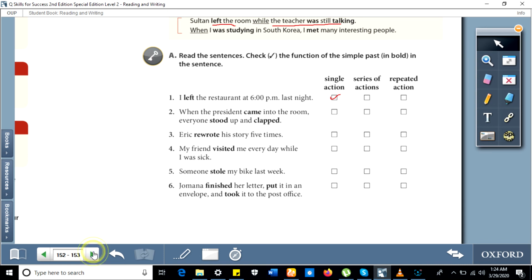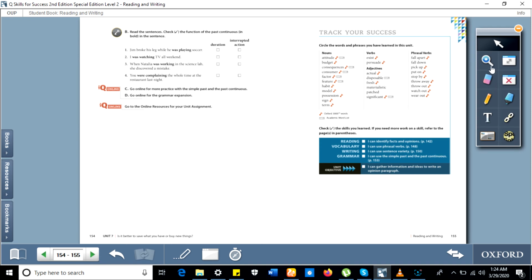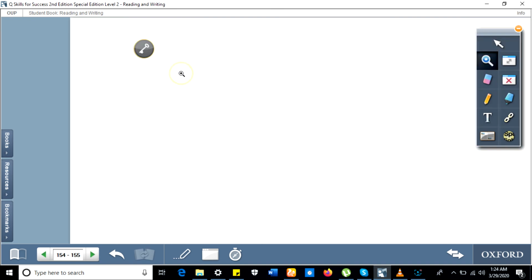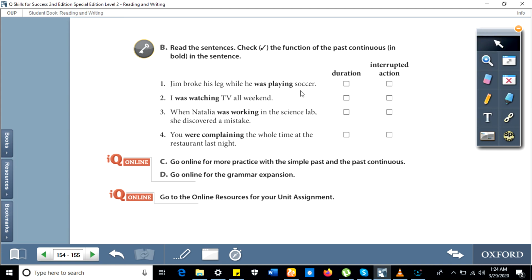Okay. And the next step here is, same like, we need to find out if it's a duration or interrupted action, right? So whether the action was interrupted or not. For example, the first one I'll do for you. Jim broke his leg while he was playing soccer, right?